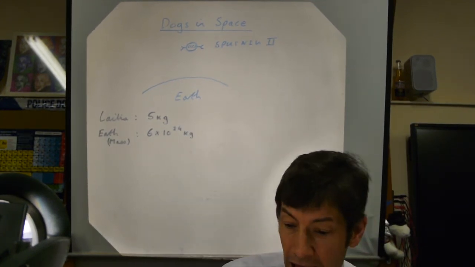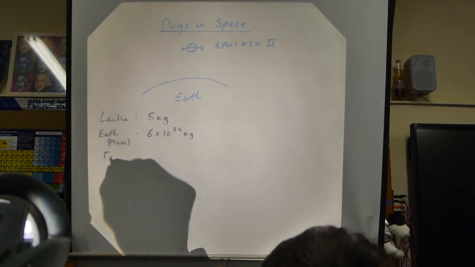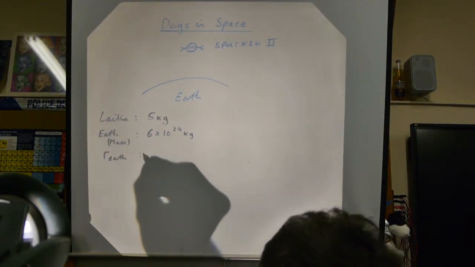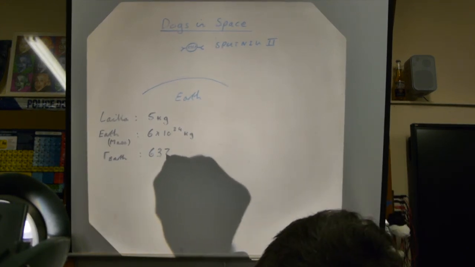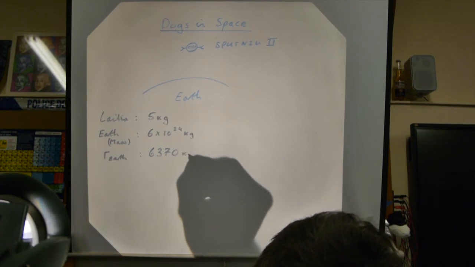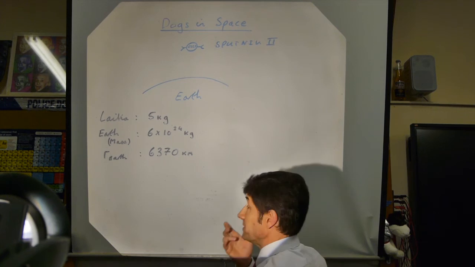And the Earth has a radius, so the radius of the Earth is, watch me here, 6,370 kilometres. So, I know I'm going to bang on and on about this, and you're probably tired of it.